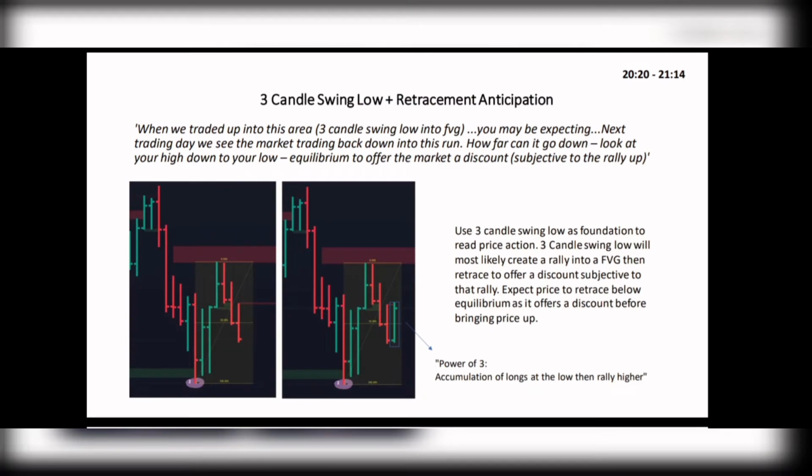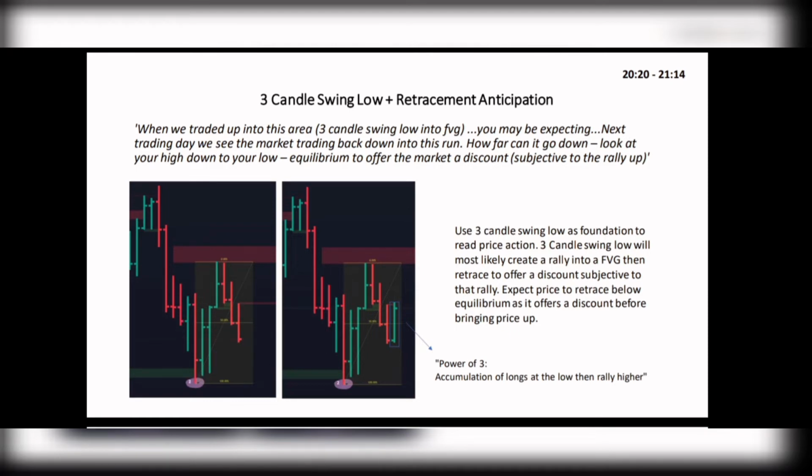From 2020 to 2114, I wrote a 3-candle swing low and a retracement anticipation. So when we have a 3-candle swing low, we are at the same time anticipating for price to retrace. Michael says here, when we traded up into this area, the next day we are seeing the market trade back down into this run.